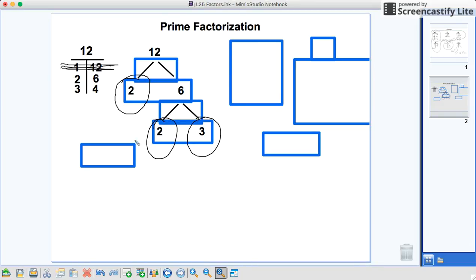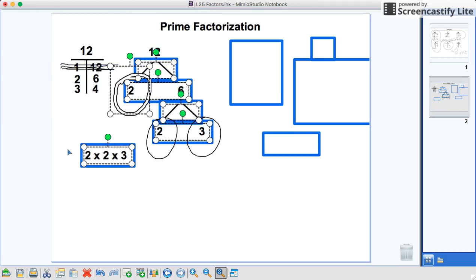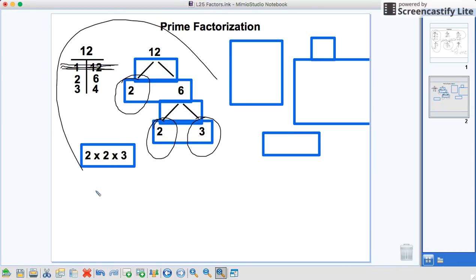I'm at the end of my factor tree. So my prime factorization of 12 is 2 times 2 times 3. Pause the video, copy my whole thing into your notes.